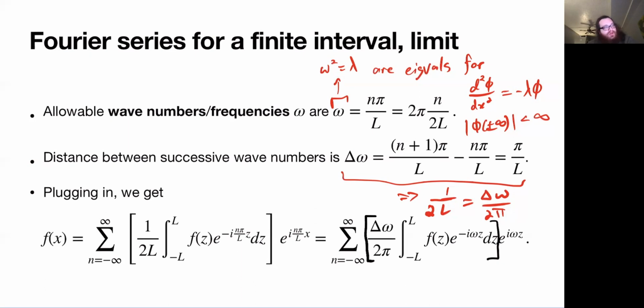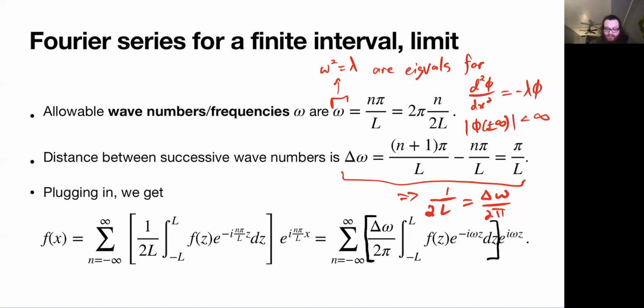It may not look like we have much, but what we did is plug in for omega whenever we had n pi over L. Now we have a sum times a tiny increment in omega times some function involving omega. This might start to remind you of Riemann sums.